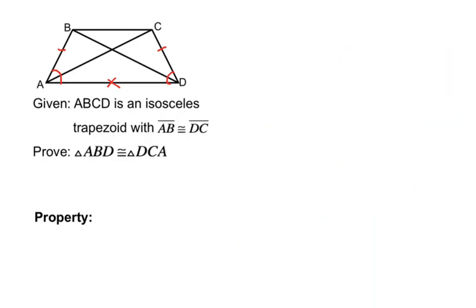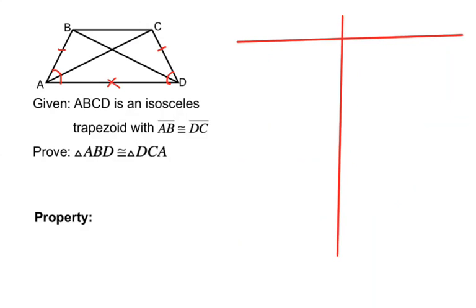Then I guess we can say that those two triangles must be congruent by SAS. So let's try to write that up, statement and then reasons.